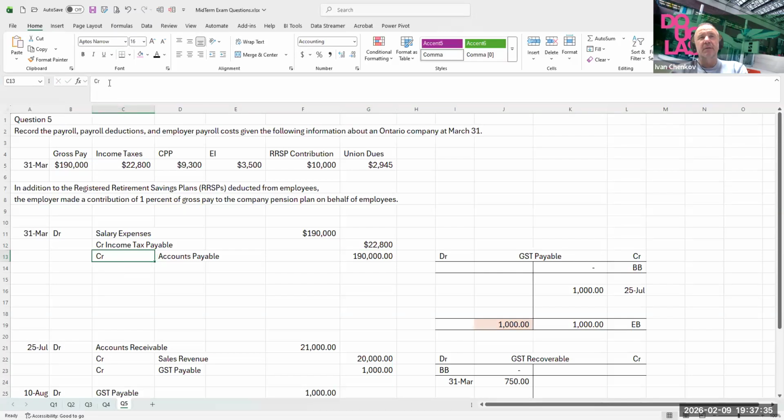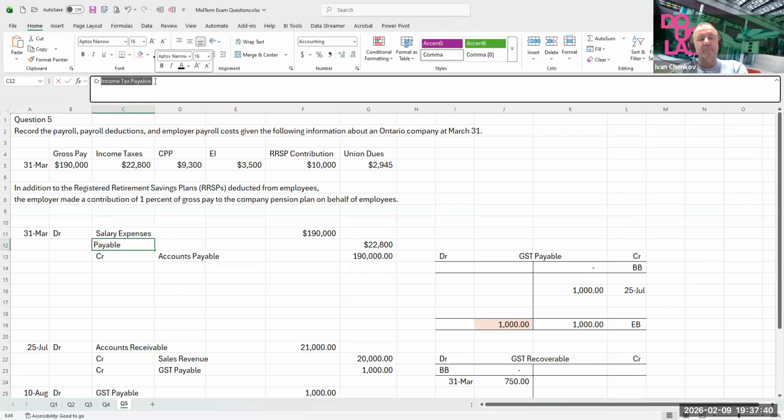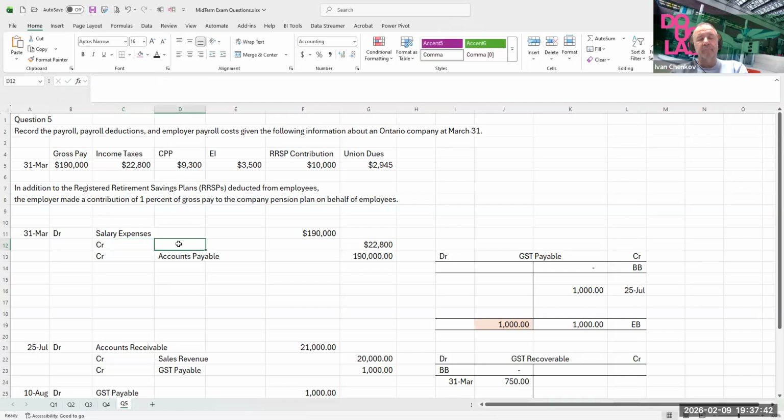Then we have to credit Canada Pension Plan payable because we have to pay it eventually. That will be 9,300, taken from the employee. Next one, we're going to credit employment insurance payable, and we're going to take it from the employee, $3,500.